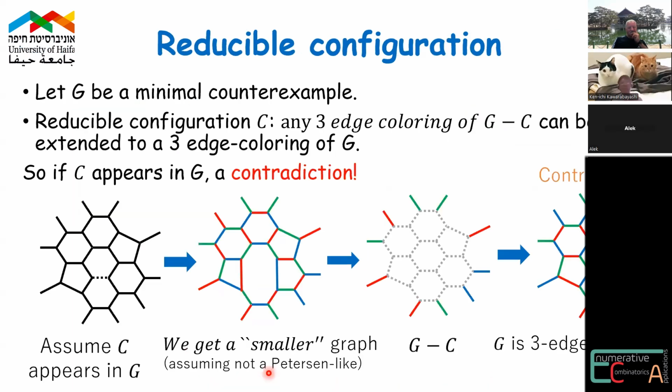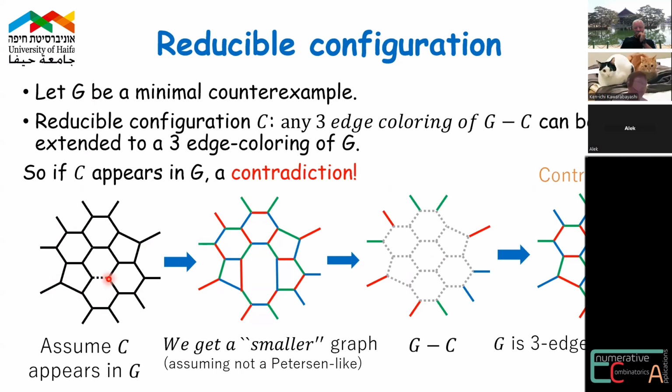Here is a reducibility check. You start from the minimum counterexample, and you want to show that some configuration C is reducible. What you have to do is the following. Take a look at the four pictures here. Assume that this configuration appears in the minimum counterexample, with these dotted edges being real edges.